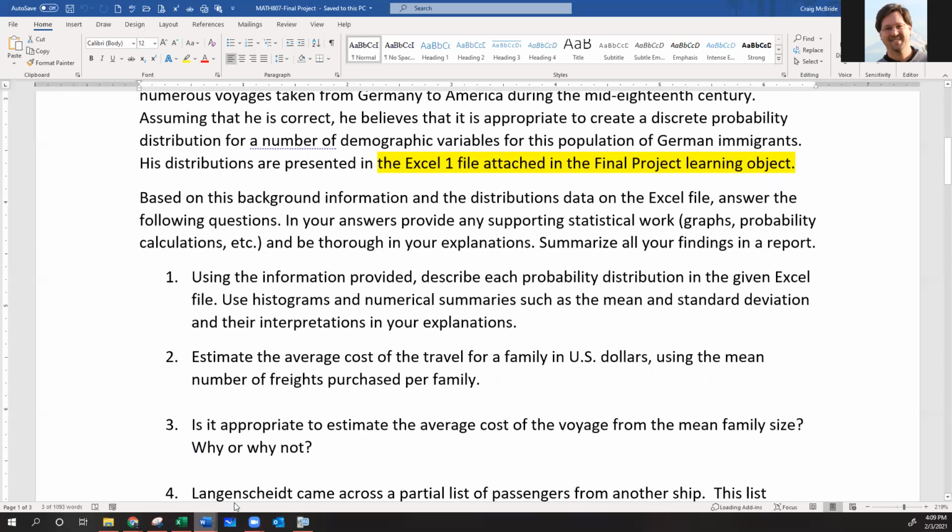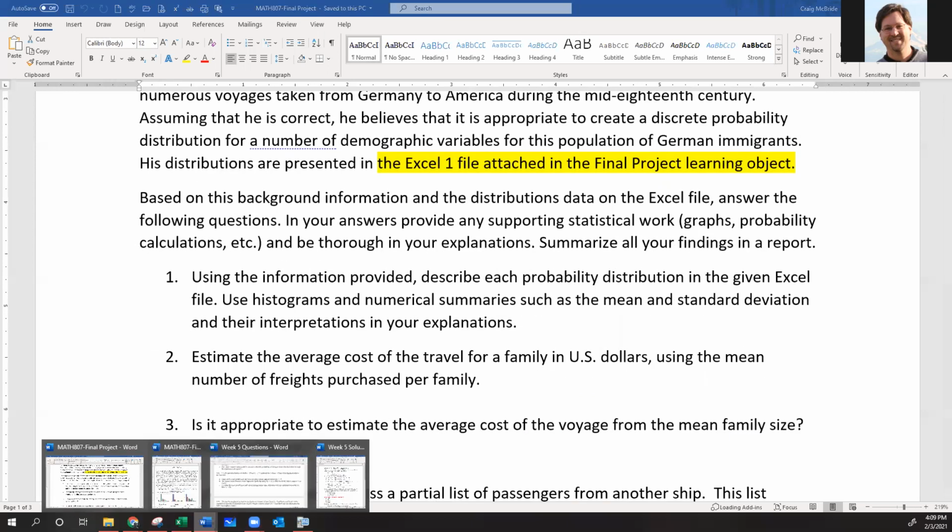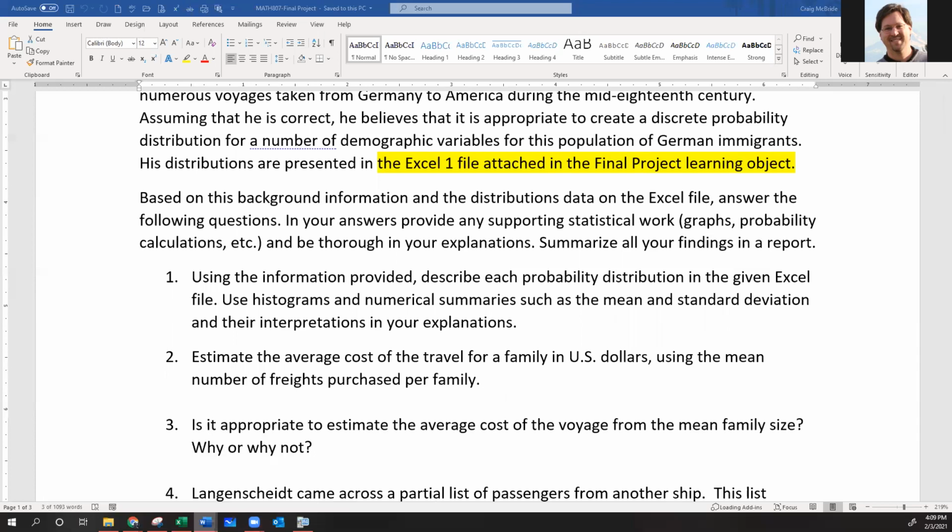And that gives you an approximation, right? So if you ran the numbers and let's say the mean number of freights was 3, then you would just do 3 times 2000, and you would say, in today's dollars, it would be an average cost of 6,000.